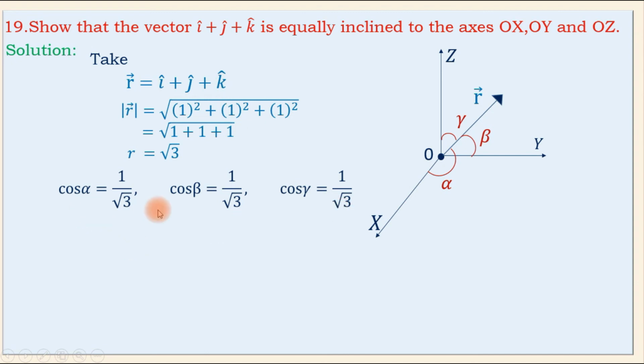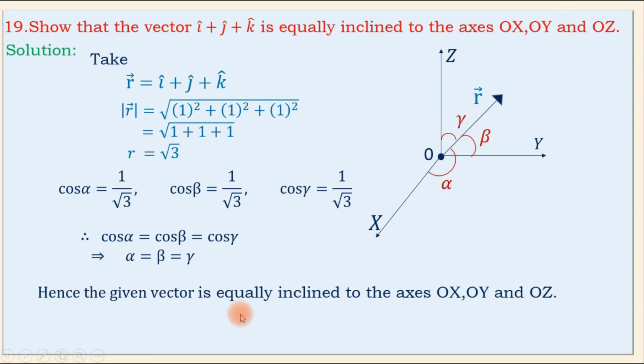So all direction cosines are equal, hence cos alpha equals cos beta equals cos gamma. This implies alpha equals beta equals gamma. This means the given vector is equally inclined to all coordinate axes. Hence the given vector is equally inclined to the x-axis, y-axis and z-axis.